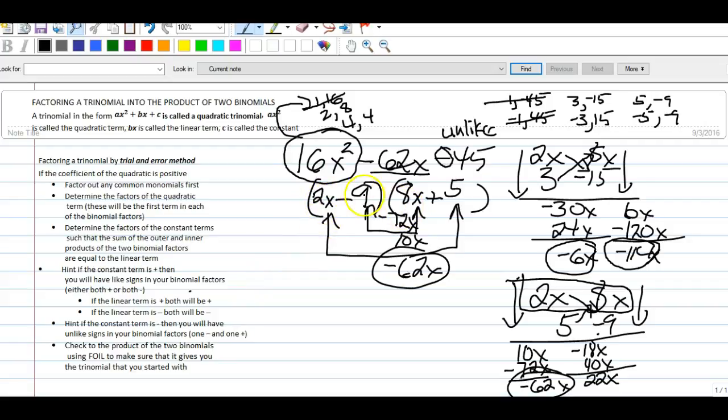So first times first, 2x times 8x is 16x squared. Outer product gives me a plus 10x right here, 2x times plus 5. The inner product, minus 9 times 8x, gives me minus 72x, and the sum of those two gives me a minus 62x, which is your linear term, and then the last times the last, minus 9 times plus 5 gives you minus 45, so it does check out.